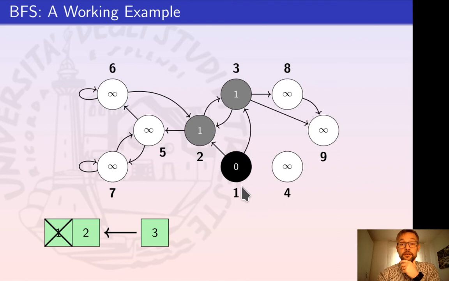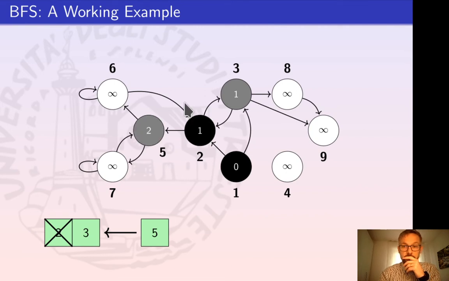So 1 is no longer needed to perform BFS. Its role in the play has ended. So we can color it black and forget its existence, at least as far as the computation of BFS is concerned.